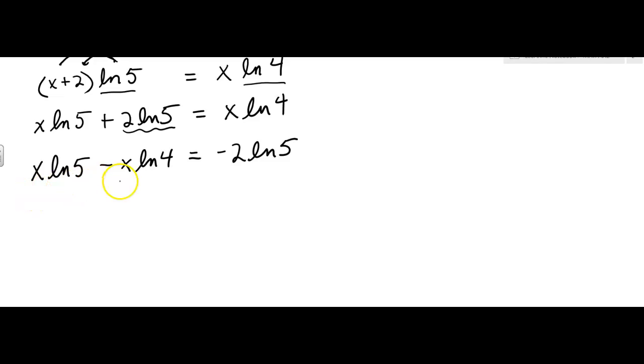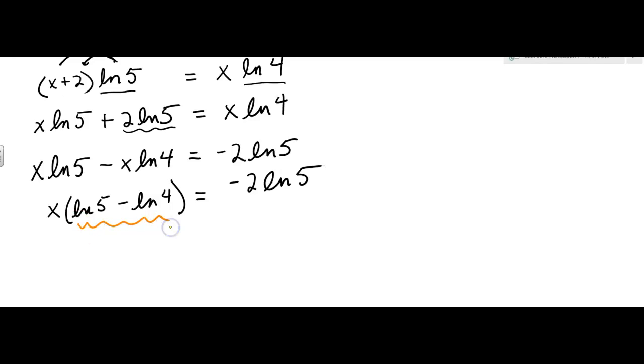Okay, so now I can factor out an x, and I have x times (natural log of 5 minus natural log of 4) equals negative 2 natural log 5. Now, all of this, natural log 5 minus natural log 4, it's just a number.